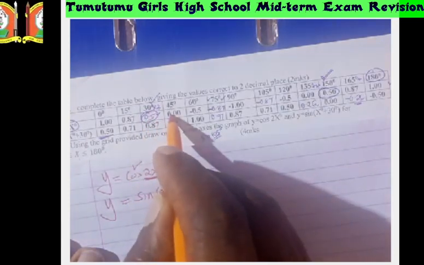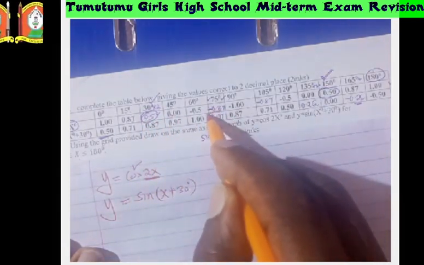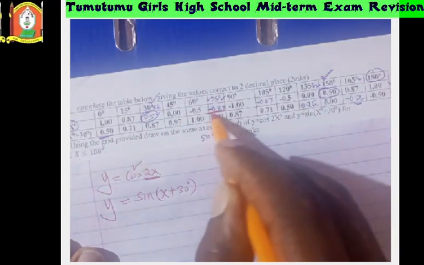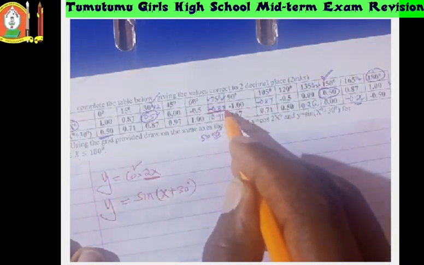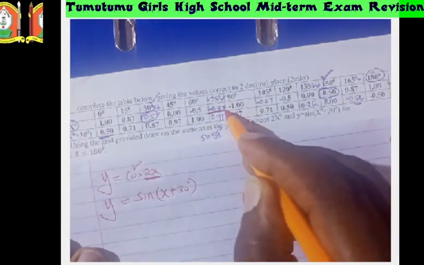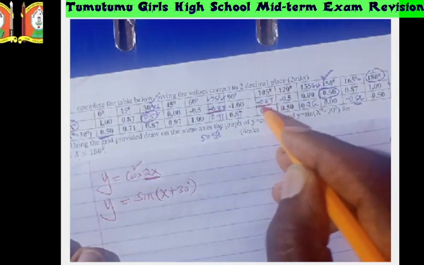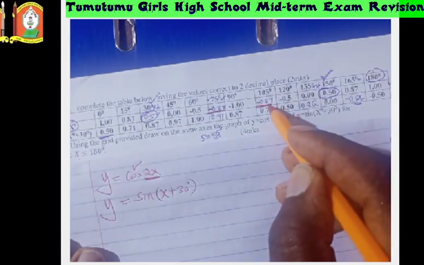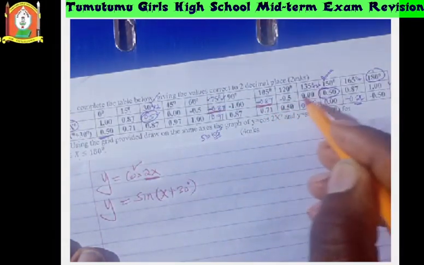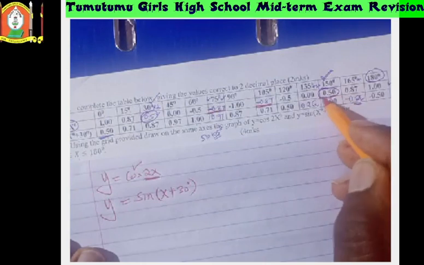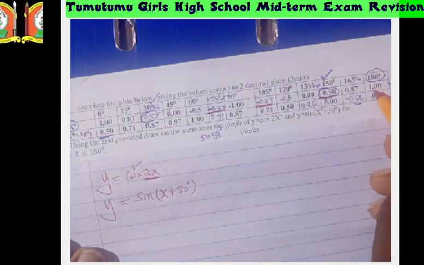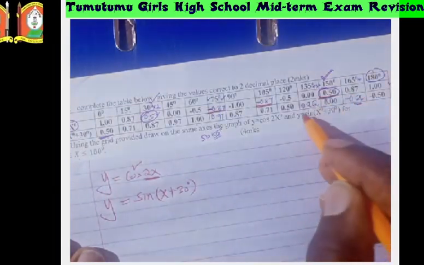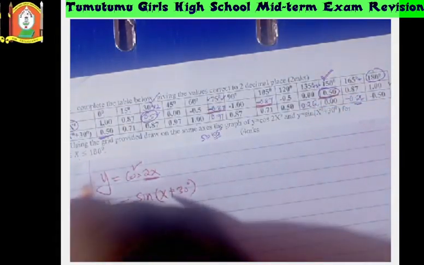So this is 60, 0.5, then 0. We do the same and we get the values. The cosine of 150 is negative 0.87. The cosine of 210, the cosine of 300, is 0.5.